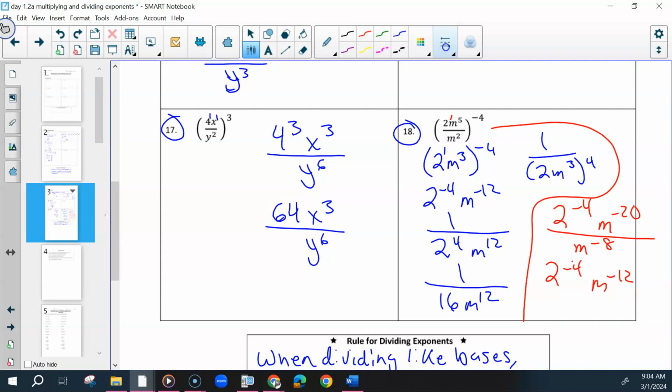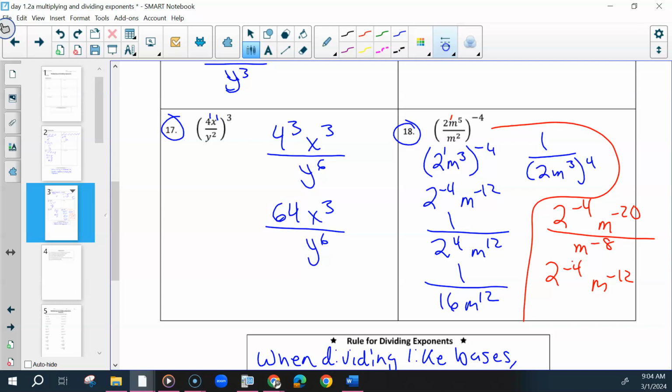So everything else would be the same. So it doesn't matter which way you do it. Any questions about that problem we just did? Go on to the next page.